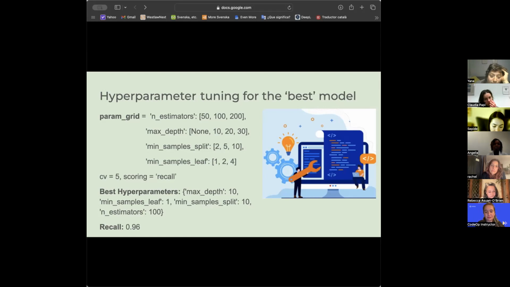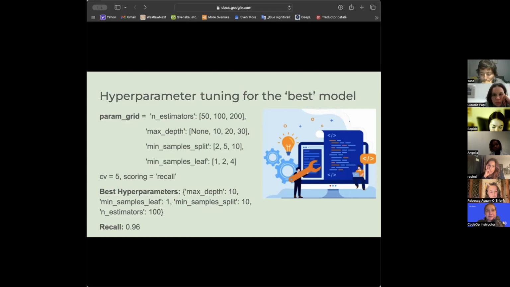For cross-validation, we used 5 folds, so that the hyperparameter tuning is done 5 times. And our scoring was taken to be the recall, because that is what was important for us to determine if a model is good or not. Once we did the hyperparameter tuning, we got the best hyperparameters from the model: a maximum depth of 10, a minimum sample leaf of 1, a minimum sample split of 10, and 100 decision trees.